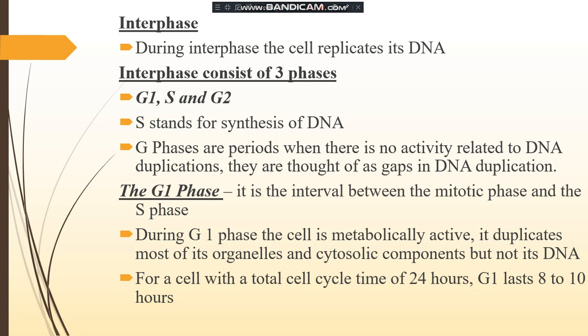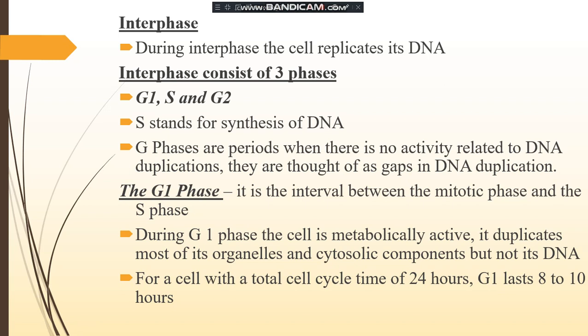So the first phase is G1. It is the interval between the mitotic phase and the S phase. While going through this cell cycle, just have a picture of a cell in your mind. So the cell is going through the G1 phase.